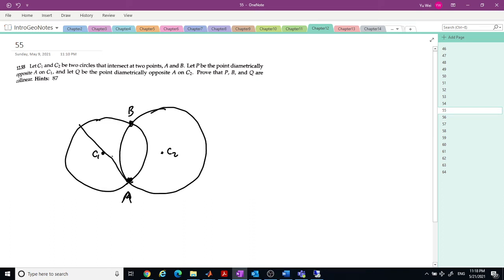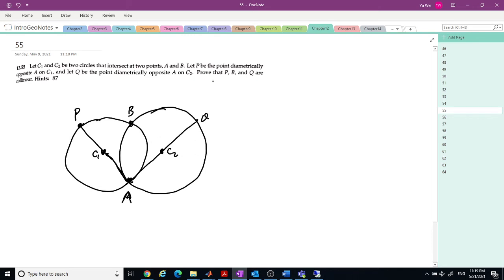So that means P is here, and AP is a diameter of C1. Q is the point diametrically opposite to A on C2, so AQ will be the diameter of C2, right?